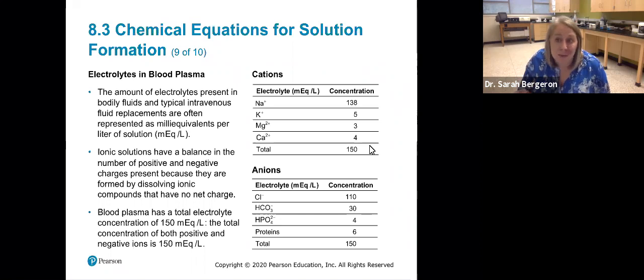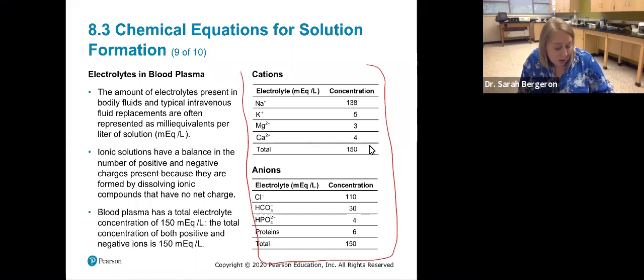So milli just means thousandth, right? Like going from milliliter to liter, you're going from milliequivalent to equivalent, okay? And we'll do some dimensional analysis with that. Depending on the different cations and anions, these are the common concentrations inside of different bodily fluids.